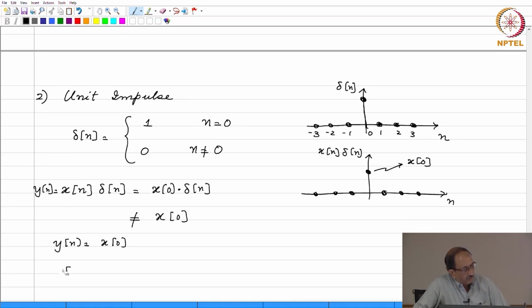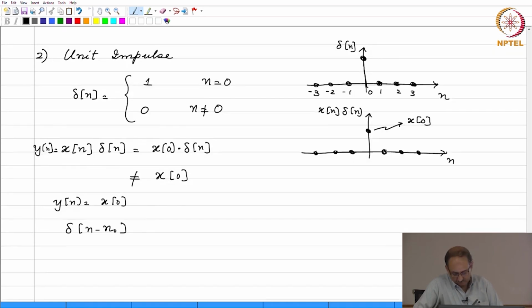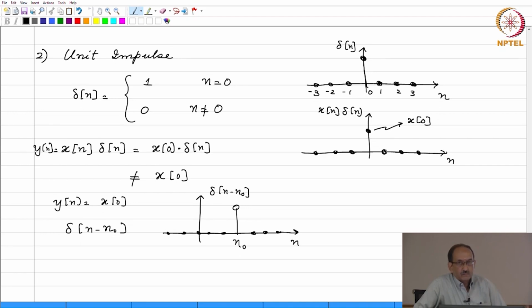Similarly, the shifted impulse is delta of n minus n naught, and the picture associated with this is this is n naught, it is 0 everywhere else, and here I have shown the picture assuming n naught to be positive. And similarly, by the same argument, if you multiply this shifted impulse by an arbitrary sequence, it will pick out only the sample at n equal to n naught.